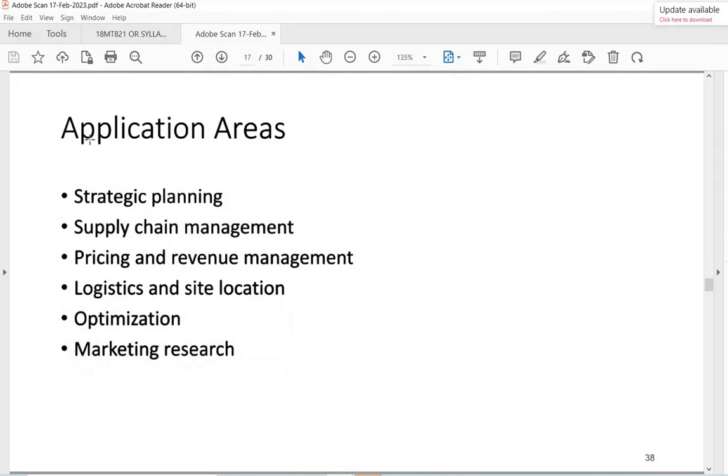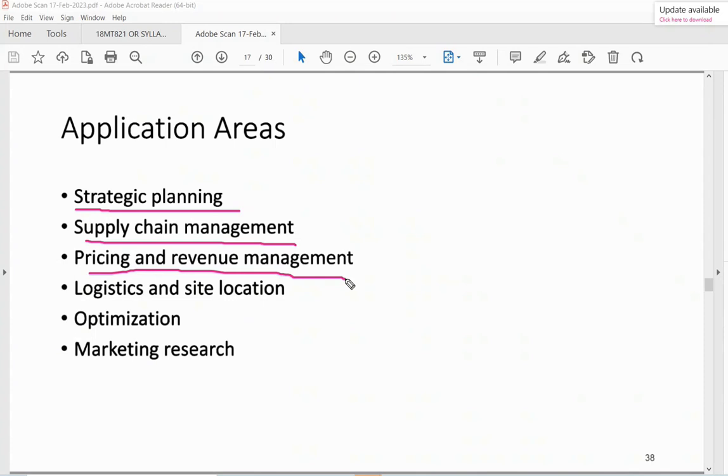Then what is the application of this OR? Okay, this OR has proper strategic planning, because if a proper strategic plan is there in an organization or industry, I can meet what requirements are present. Then proper supply chain management, which is very, very important in the field of operation research. Then pricing and revenue management.